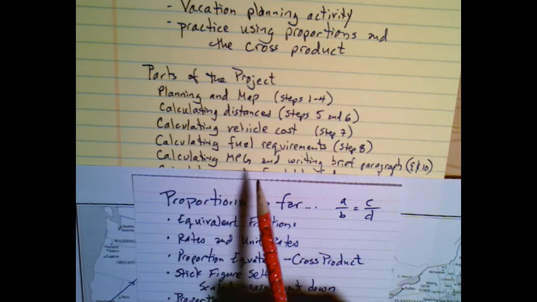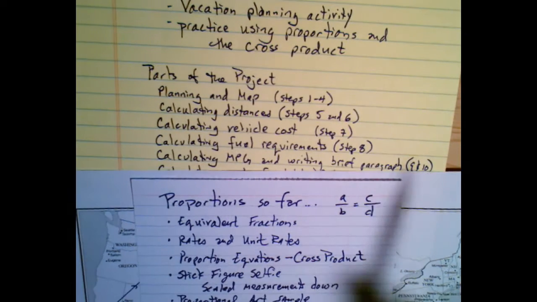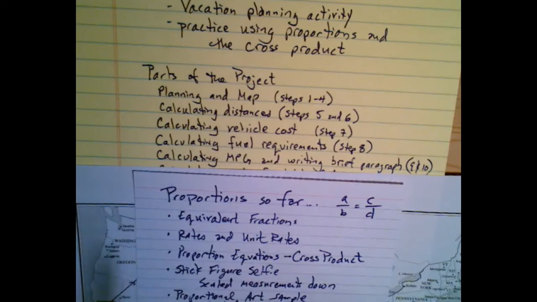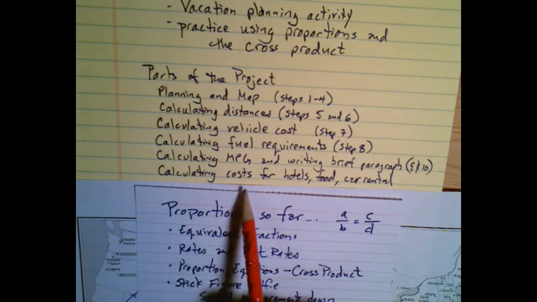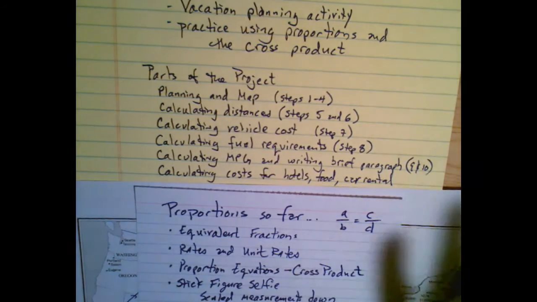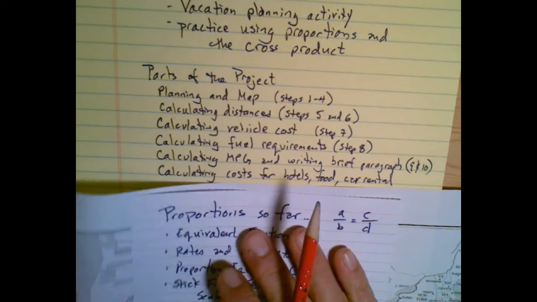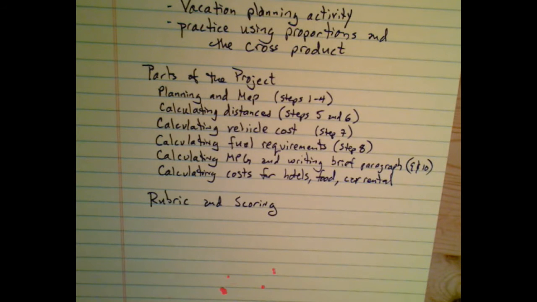Another portion is going to be calculating miles per gallon and writing a brief paragraph about why you chose the particular vehicle you did. And then there's going to be a day devoted to calculating costs for hotels, food, car rentals, and a total cost for the entire trip. These things get expensive. Okay, with that in mind, let us discuss for a moment the rubric.